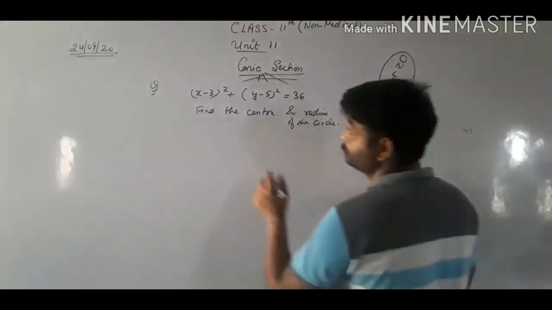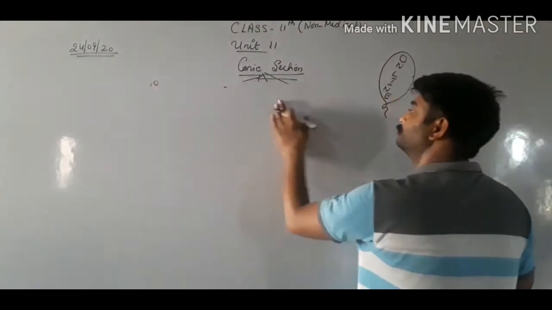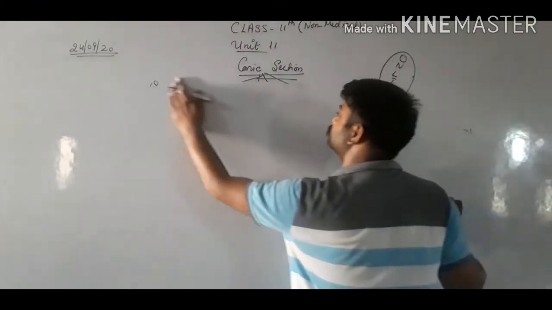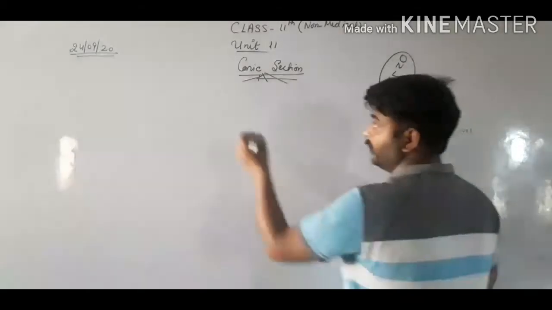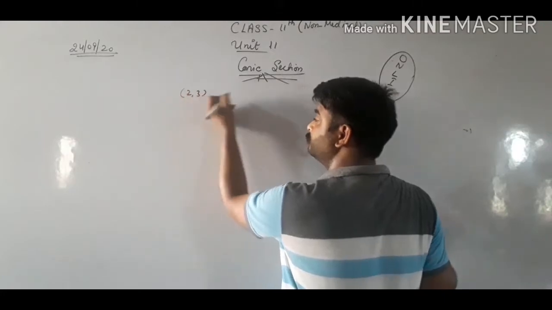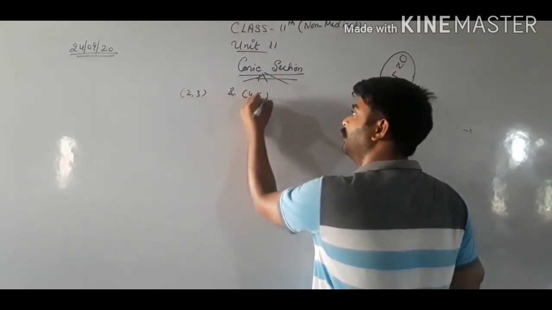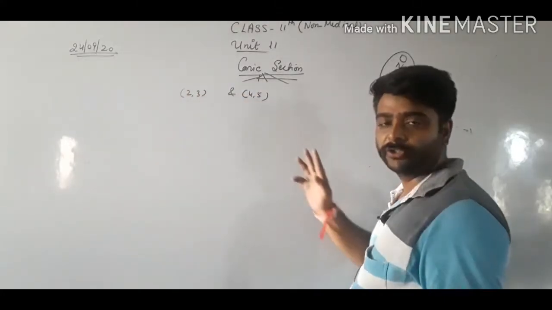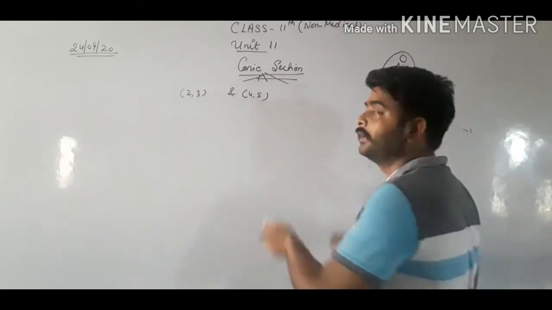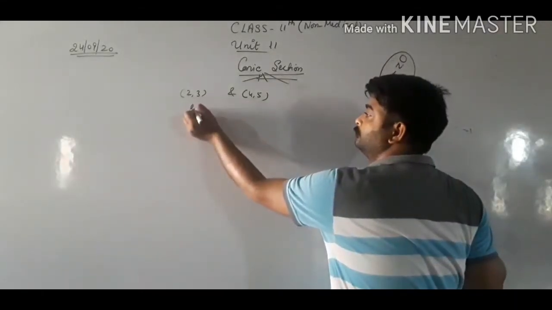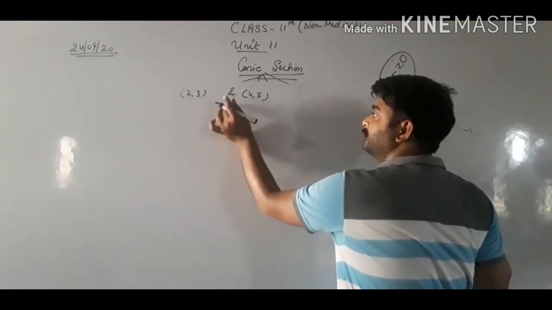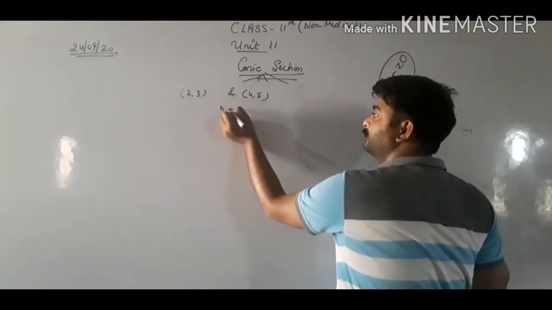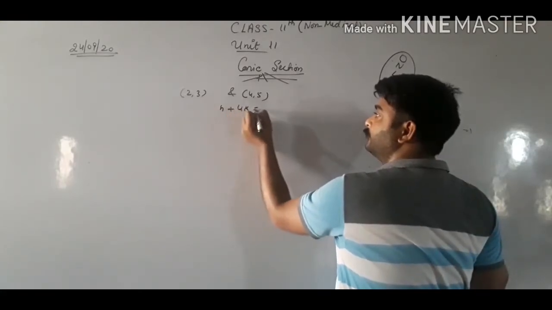Now class, if the 2 points 2, 3 and 4, 5 are given to you, and the center point satisfies h plus 4k equals to 60.